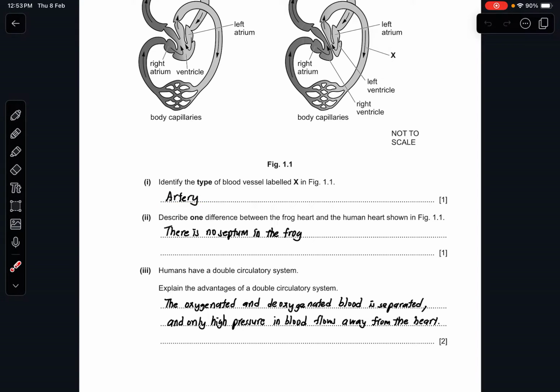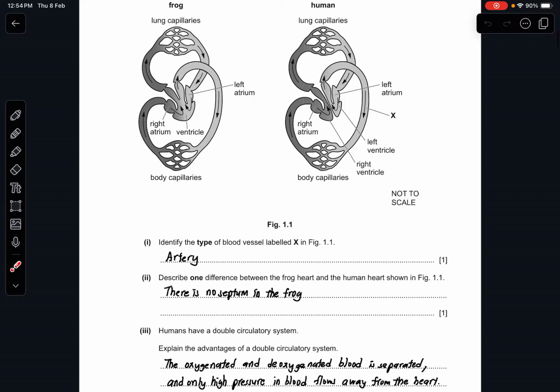Part 2, describe one difference between the frog heart and the human heart shown in figure 1.1. My answer is the septum, because look at the frog, we don't really have a septum in the middle, but you can see in humans there's a section that separates the two different types of blood.